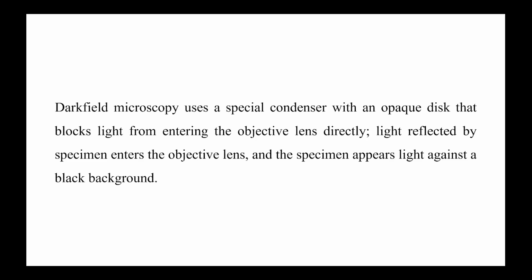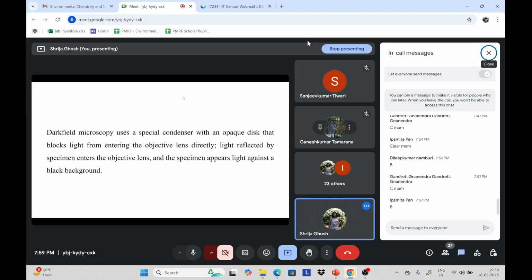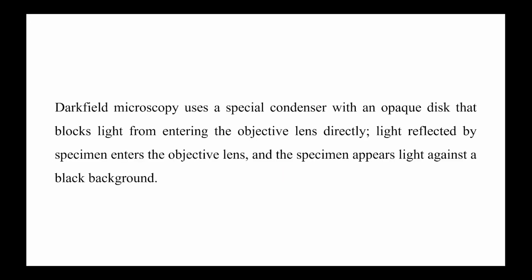So light reflected by the specimen enters the objective lens and the specimen appears light against a black background. It will be a completely dark background with transparent looking structures appearing. Those cells are reflecting the light, and the reflected light enters the objective lens. So dark field microscopy is used for observing cells against a darker background.